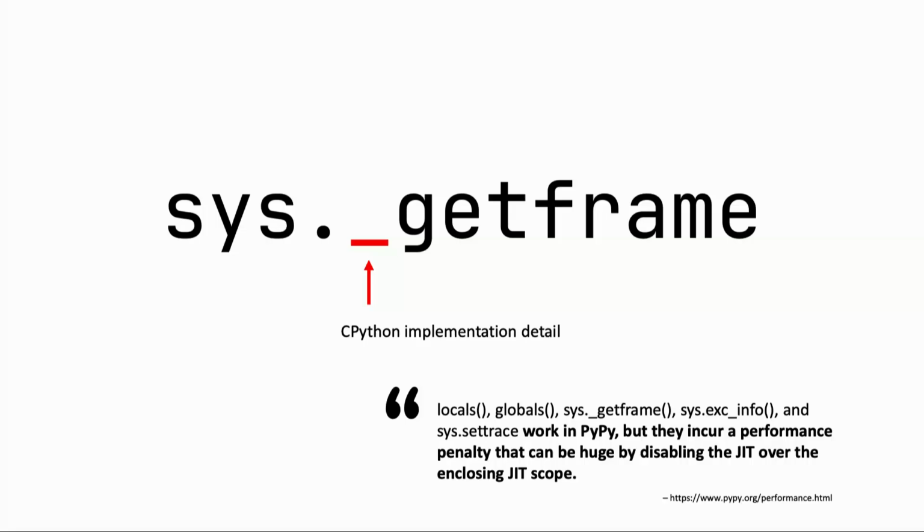When you look up their documentation, they explicitly write that locals, globals, sys.getFrame, sys.exc_info and sys.settrace, which we come to later, work in PyPy, but they incur a performance penalty that can be huge by disabling the just-in-time compiler over the enclosing just-in-time scope. And that's typically a problem when you're doing these low-level things.